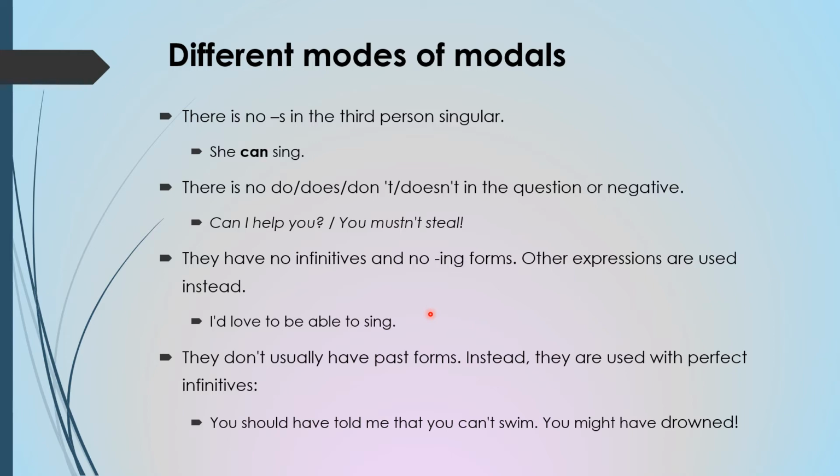But I always believe that I have to tell you about the context. Though these are the basic forms, these rules will be correct in most of the cases, almost all of the cases, but you need to understand the context as well. They don't usually have past forms. Instead, they are used with the perfect infinitives.